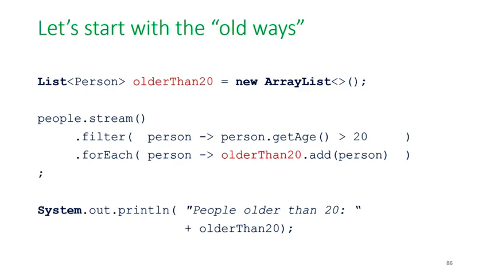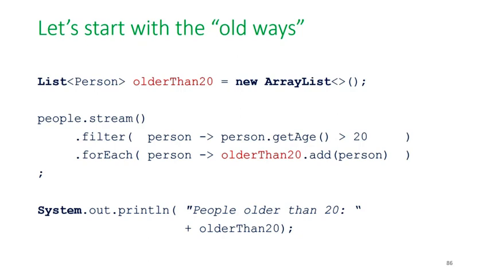So we have a list of person, and we declared a variable olderThan20 to be a list of person, and we create it as an empty collection. All right. And then we stream from people, and we're going to filter. The name olderThan20 already gave you an idea of what we want to do here. We're going to stream all the individuals from the people collection.